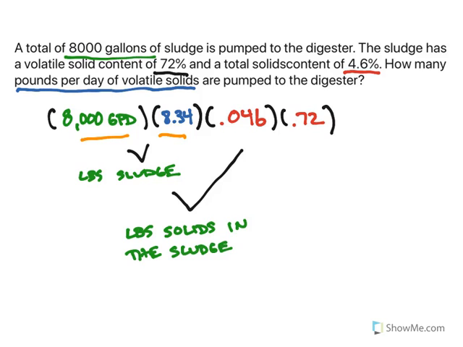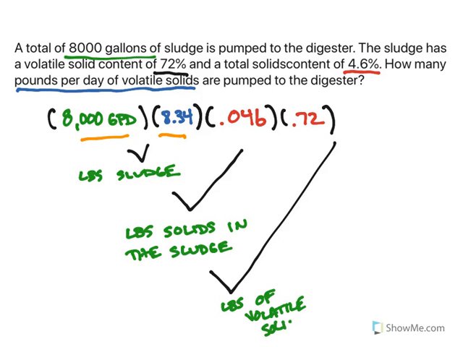And then finally, out of those pounds of solids in the sludge, only 72% of it is volatile. So to get pounds of volatile solids, we need to multiply by 0.72.